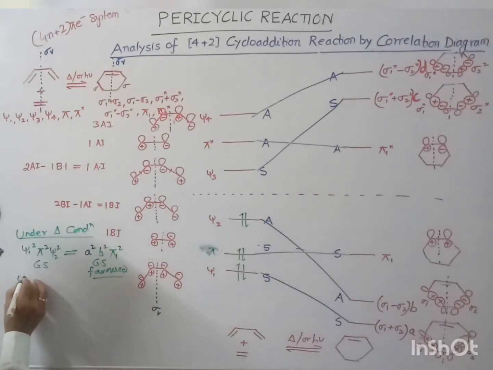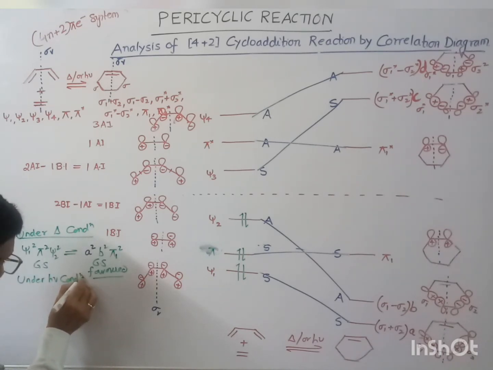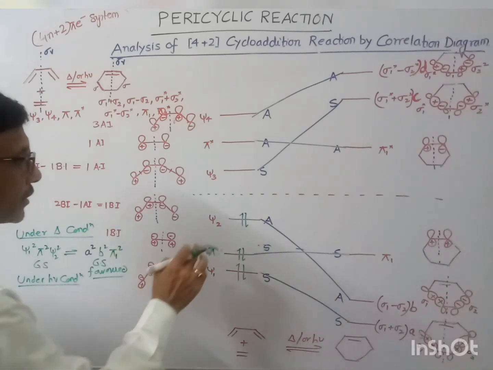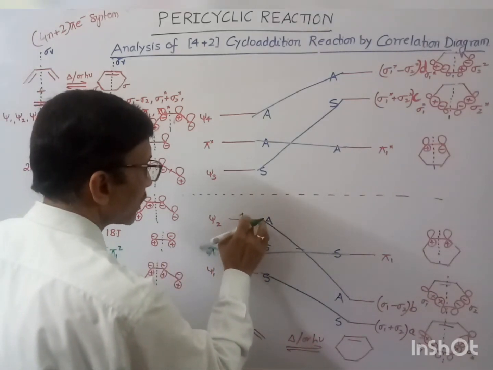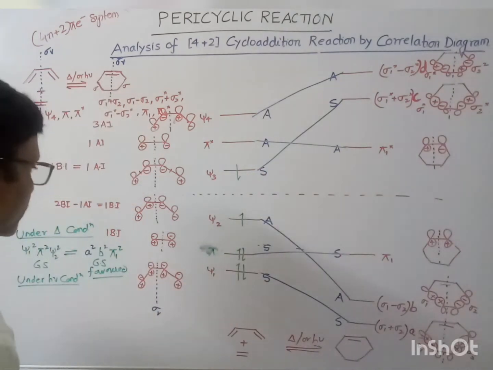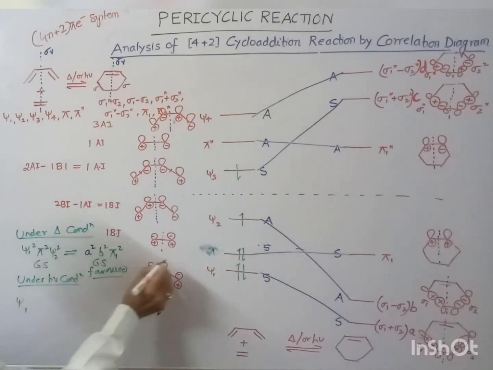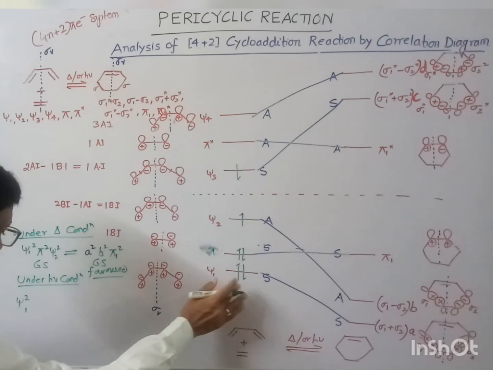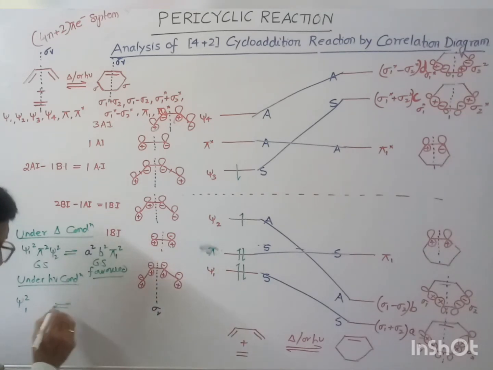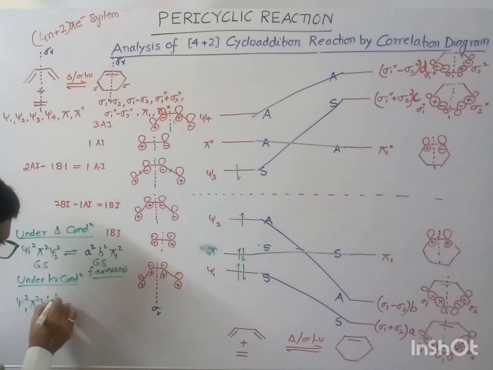Now, if you will see under photochemical condition, one of the electrons from here would be excited to the higher energy level. Suppose it goes here. Okay. Then what should I see? You may write: this psi1 molecular orbital is having 2 electrons, and this pi is having 2 electrons, psi2 is having 1 electron, and psi3 is having 1 electron.